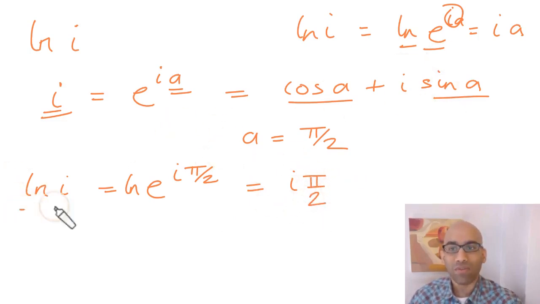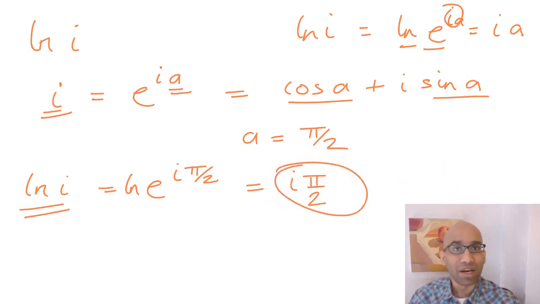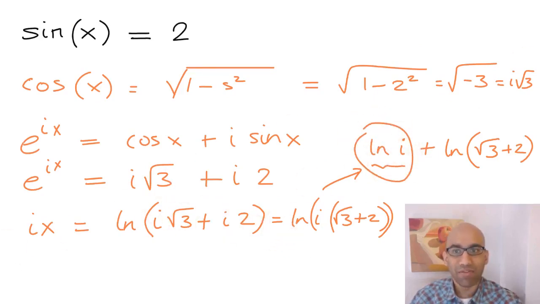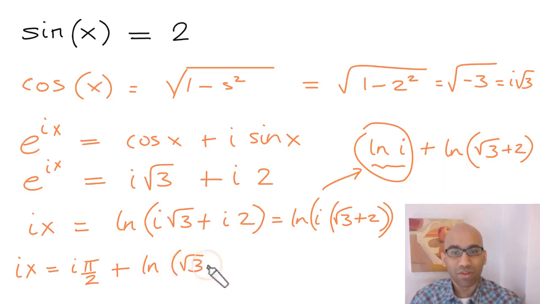So let's go back. ln of i is equal to i pi divided by 2 now. And so we can write this as i pi divided by 2. So we've got ix to be equal to i pi divided by 2 plus ln of square root of 3 plus 2.